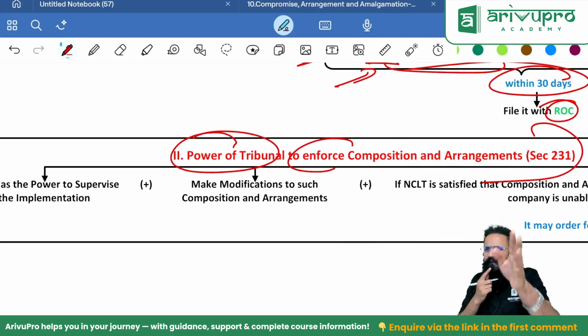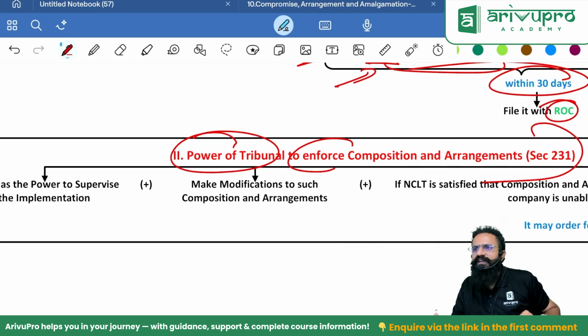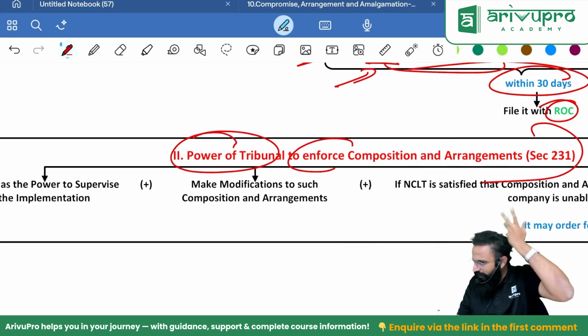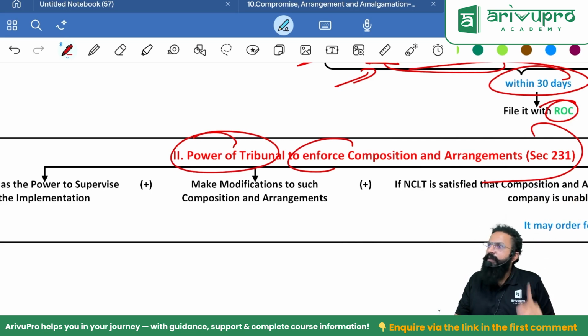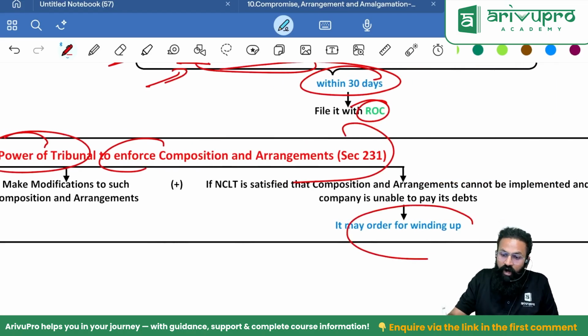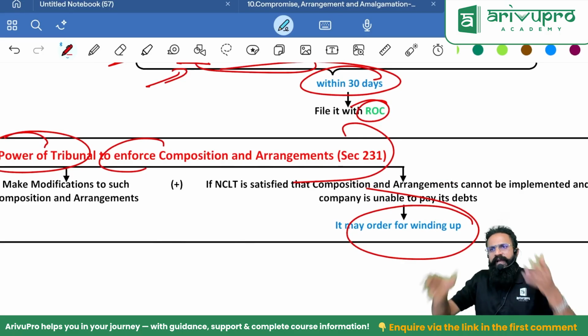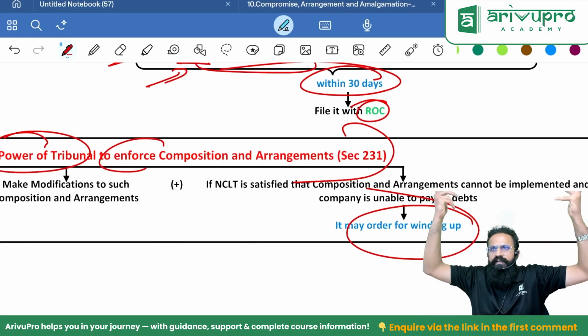Okay, I got to know 30 days is not possible, do it within 60 days. Sir, in that 60 days also it is not happening. Sir, you know what? This company, even God cannot save it. Then the tribunal has the power to pass an order for winding up. So in the case of Kingfisher, I made my best effort in 230.